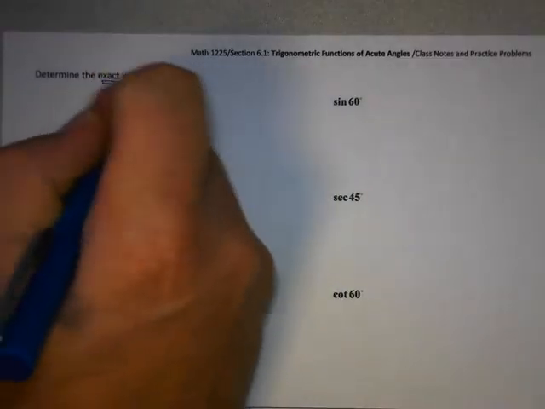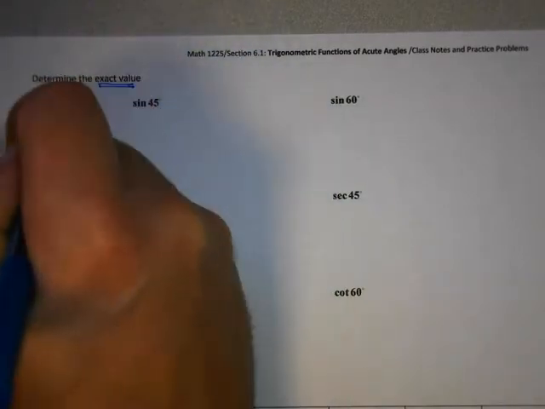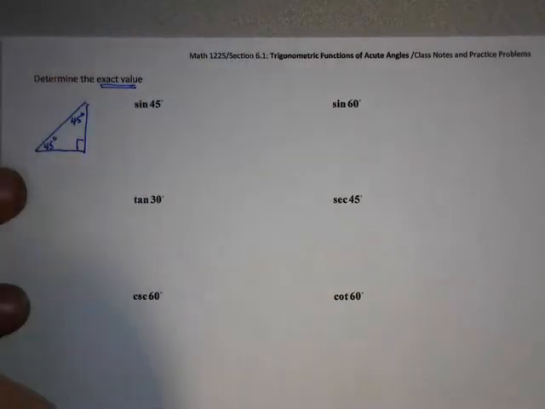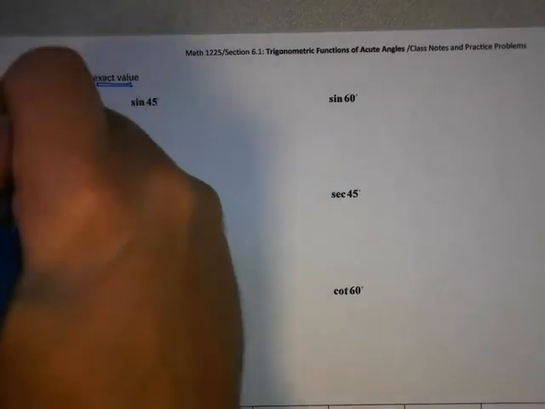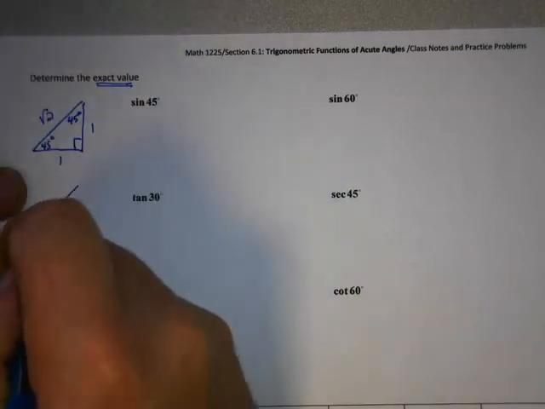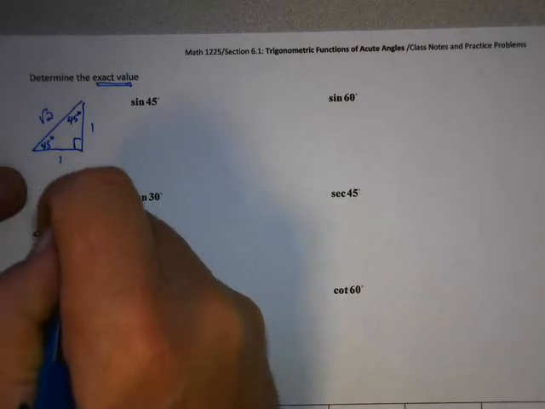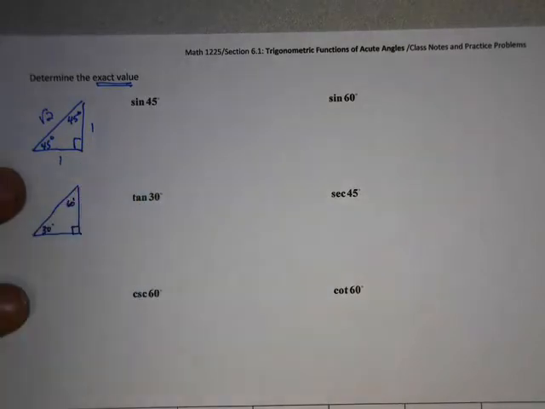So again, if we're looking for the exact values, we're going to have a 45, 45, 90, which is 1, 1, square root of 2. We're going to have a 30, 60, 90.